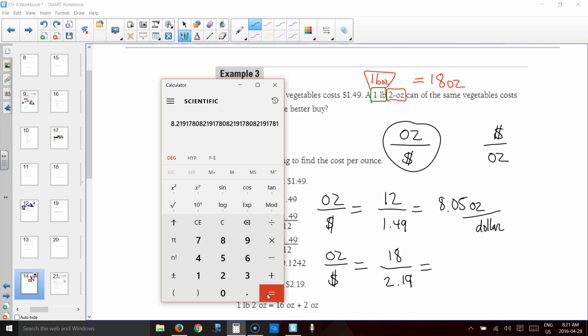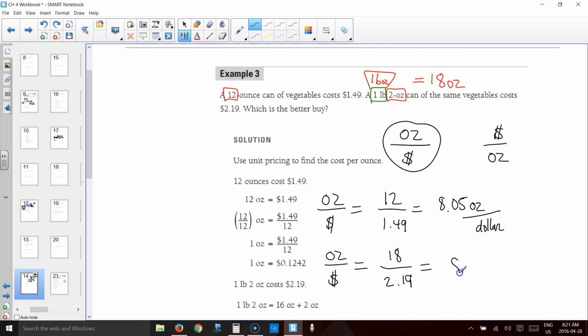Let's call that 8.2 ounces per dollar, with ounces on top and dollar on the bottom. So which one's the better deal according to this math? You get 8.05 ounces for every dollar you spend in the first case. In this case, you get 8.2 ounces. This is bigger, so this is the better deal, because you get more ounces of vegetables for that $1.